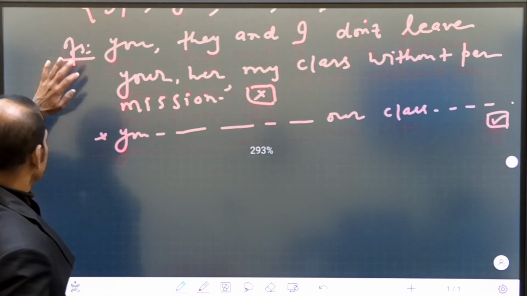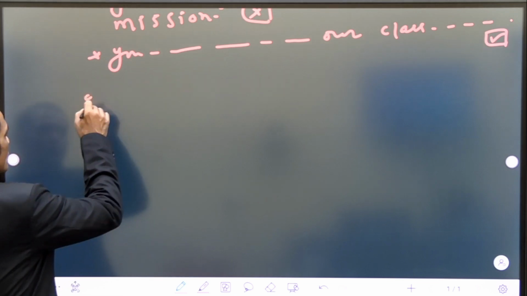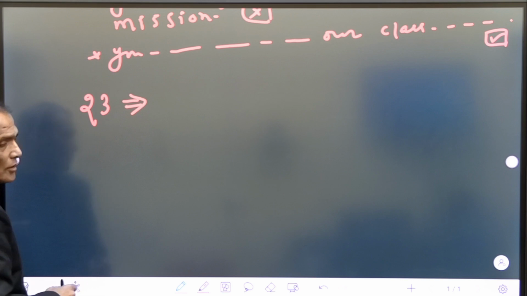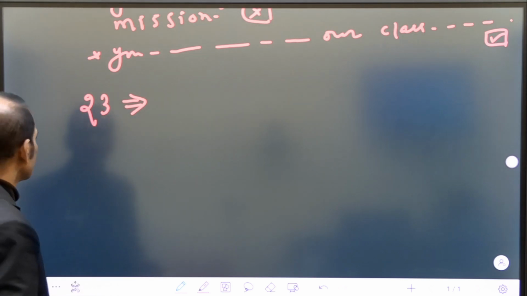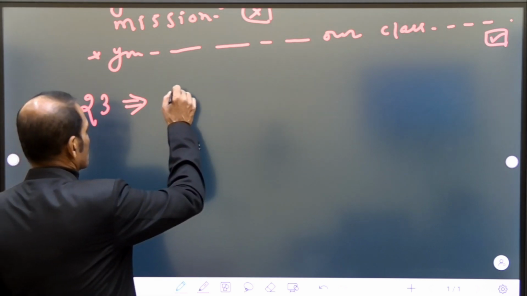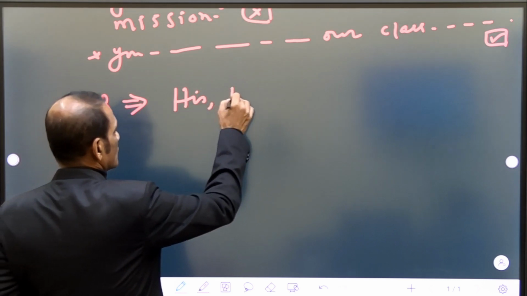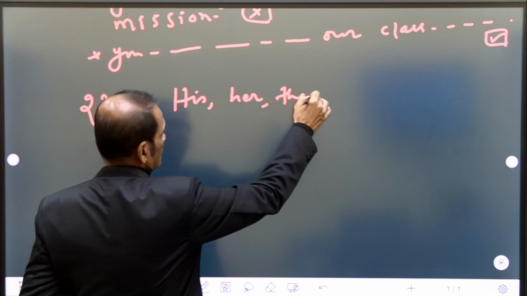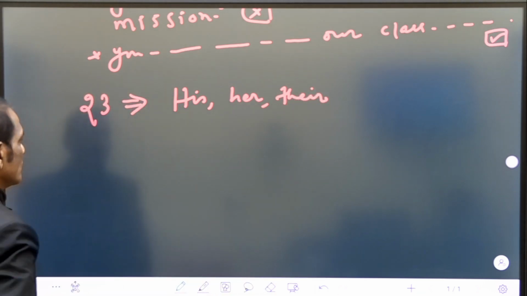Okay, now 2, 3. In case of 2, 3, you mean pronouns of second person and third person, here is his or her or their, then this is error.